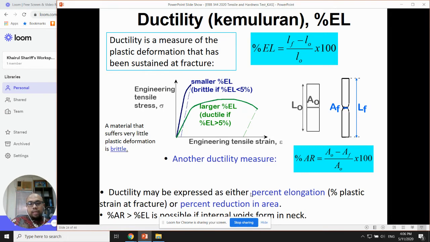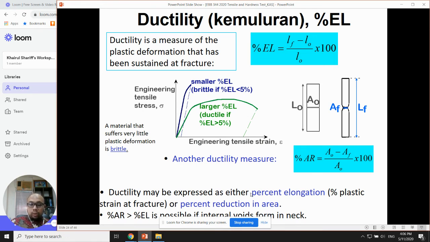When you convert this length into percentage, we call it the percentage of elongation, or we can say the ductility performance. Meaning that the higher the elongation percentage, the more ductile the metal is.